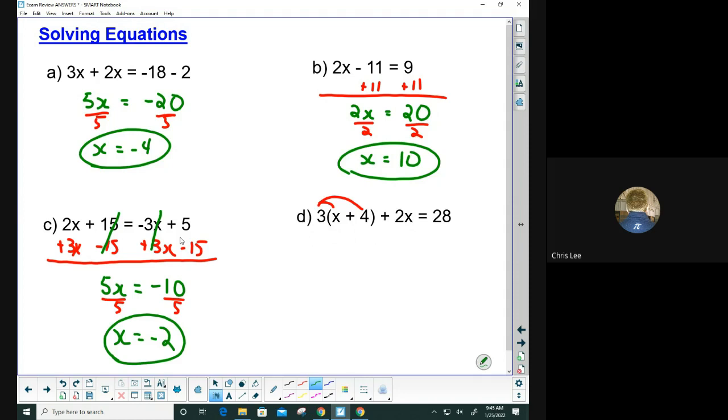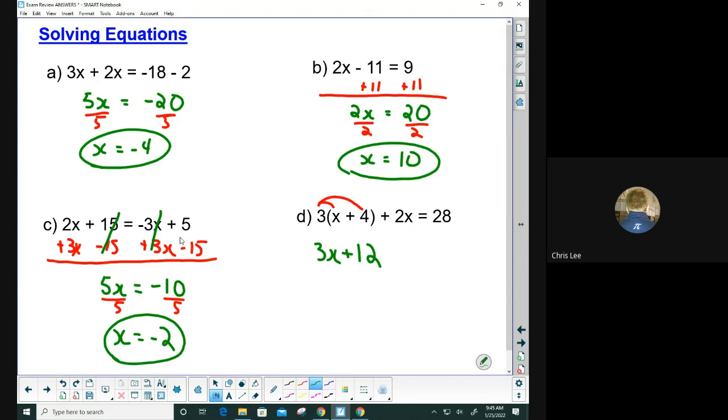All right, well, we just did some rainbow practice, so I think we're okay here. 3 times x is 3x. And what's 3 times 4? 12. I've seen this a lot where people just write down 12. What's the problem with this? You're adding 12, that's right.